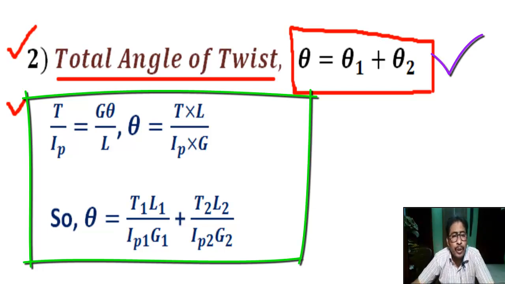Now, total angle of twist theta equals theta 1 plus theta 2.